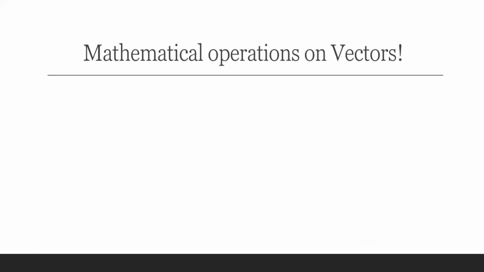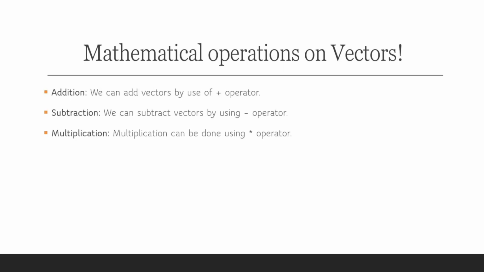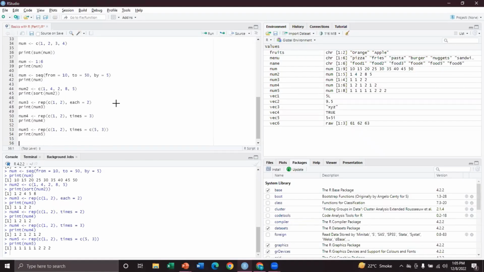Let's see if we can perform any mathematical operations on vectors or not. We can perform addition, we can also do subtraction, multiplication, and we can do division on vectors. Let's do it. Let's say I create my first vector, vector1, and I put the values 1, 2, and 3.